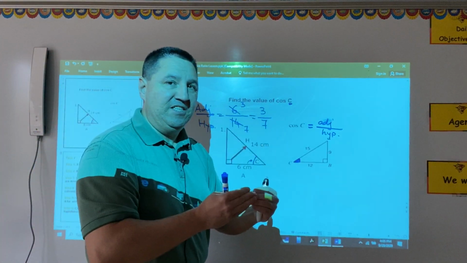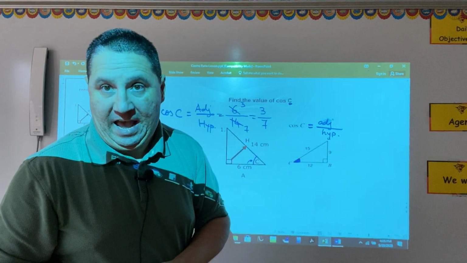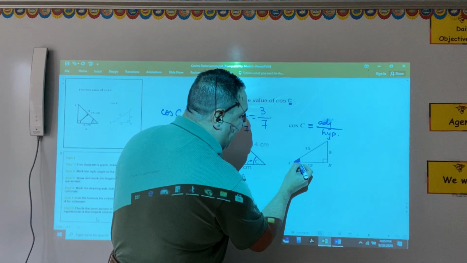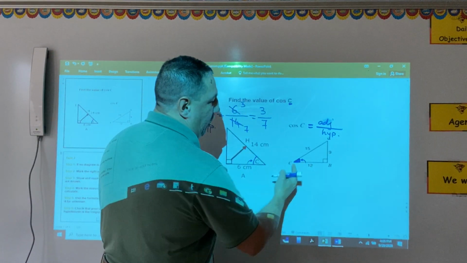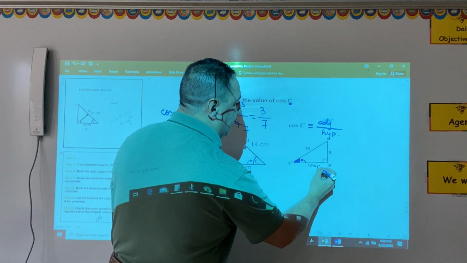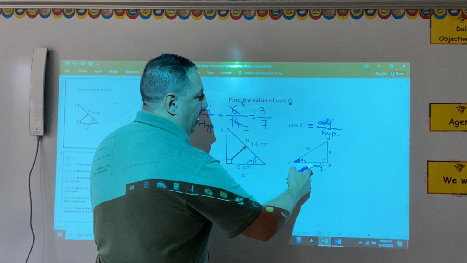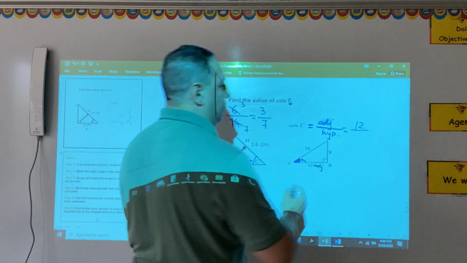We know the adjacent side is next to the angle C. And the side next to the angle C is 12. 12 is the adjacent. So, 12 goes on top of the fraction.